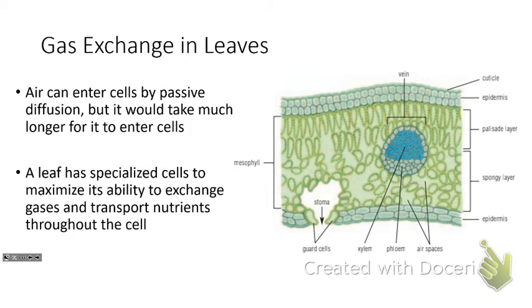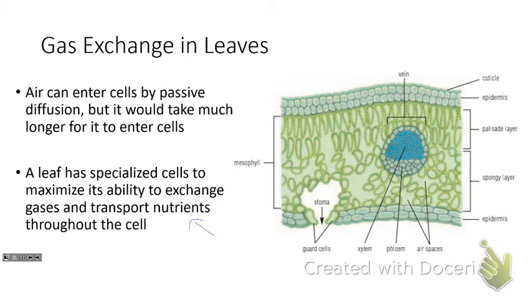What type of tissues transports nutrients throughout the cell? Yeah, Abe? Vascular. Vascular tissue, good. And in particular, is it phloem or xylem that transports nutrients?